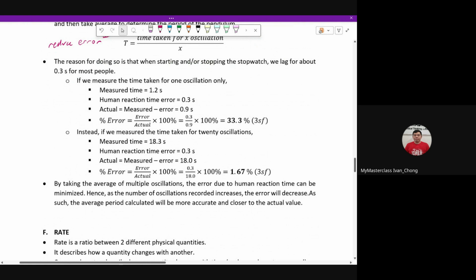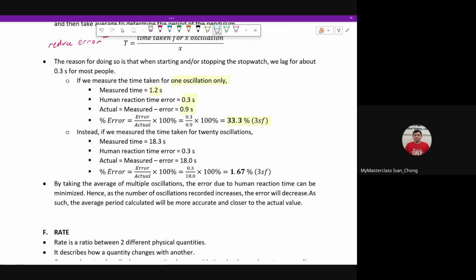So if you notice over here, if we only measure 1, this is what we measure. The error is this much. This is the actual value, right? But your error is 33.3, that's like 1/3 of your reading itself. So if it's an exam, you only have 67% left, which is not good.